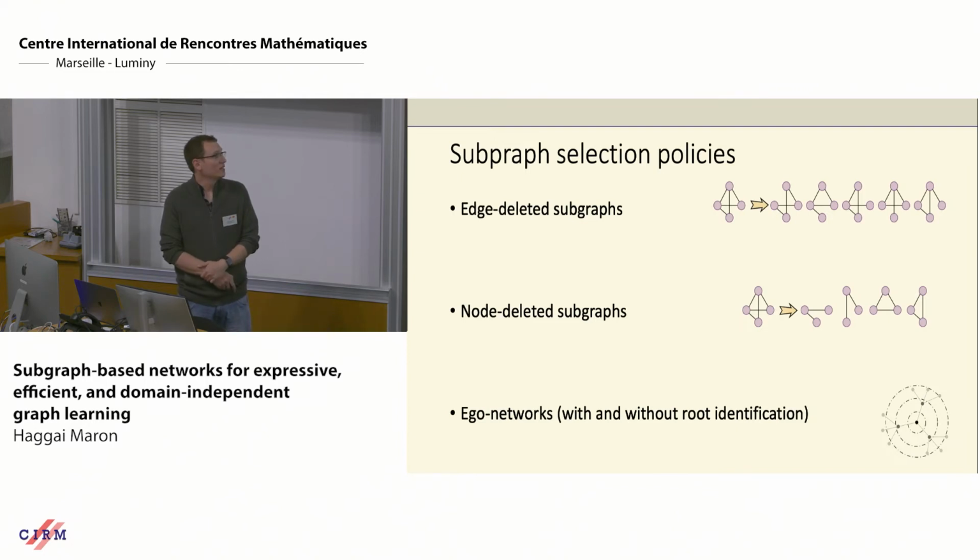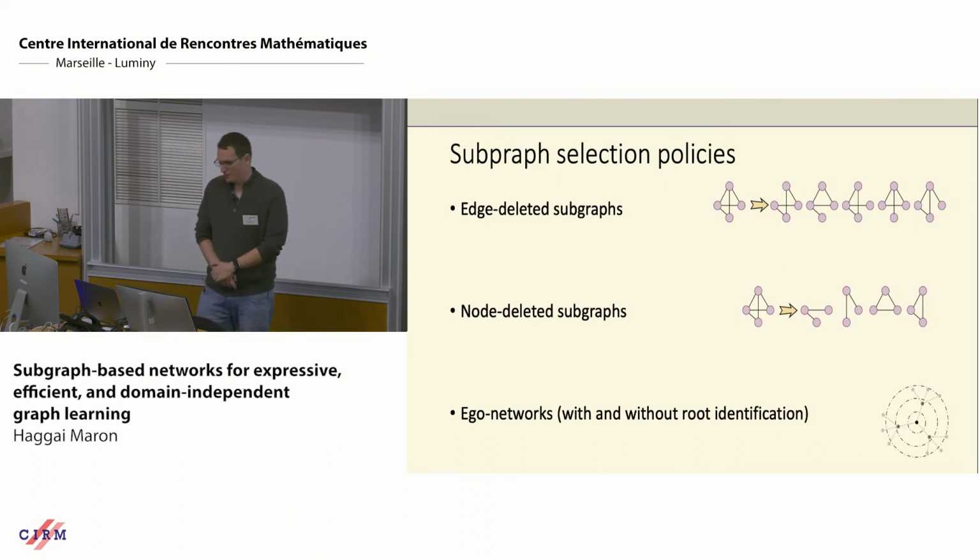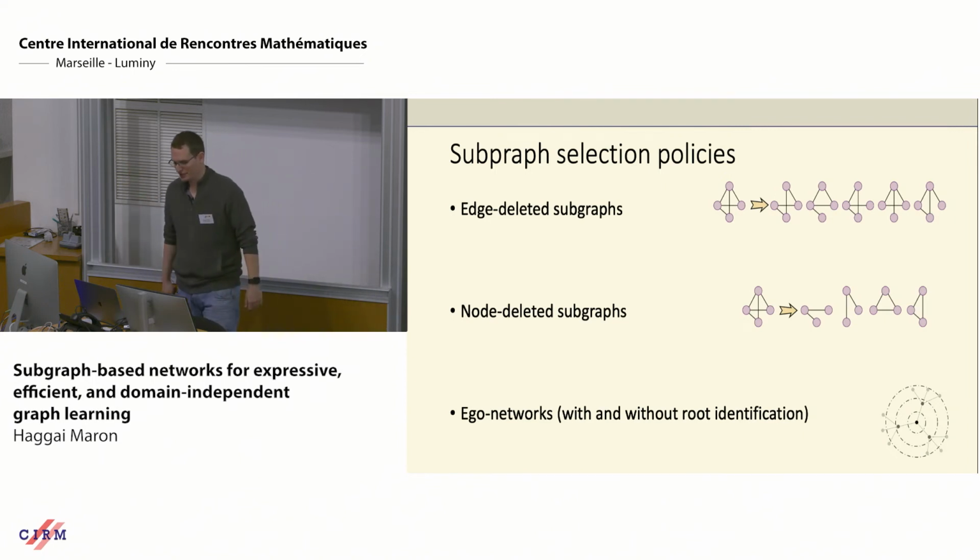And we have the local version in which we extract the ego network around each node. And this comes with a parameter which says what is the size of this ego network. And in that case, we can actually identify the root node or not identify it. And this gives additional expressive power. But those are pre-designed subgraph selection policies that we use.